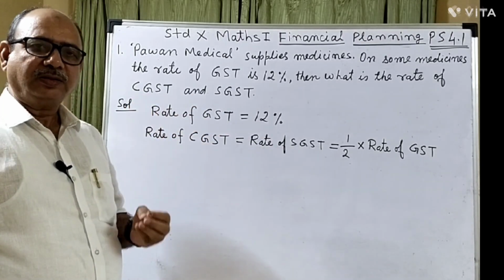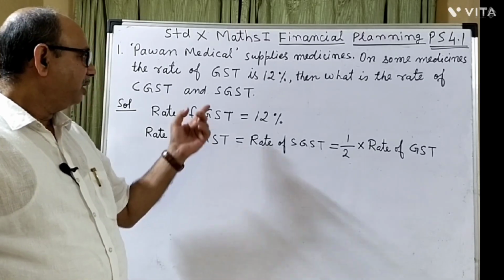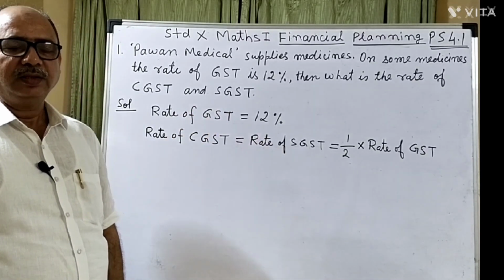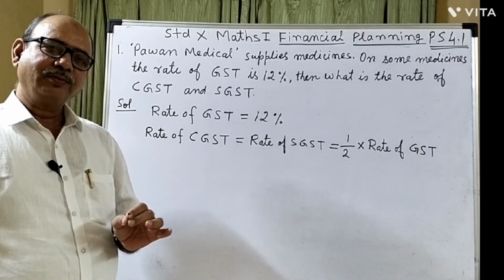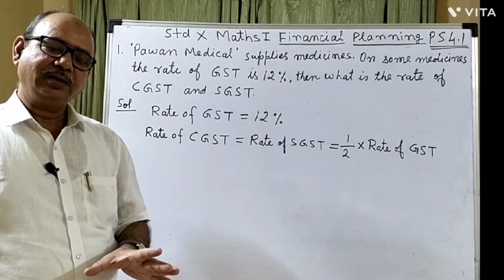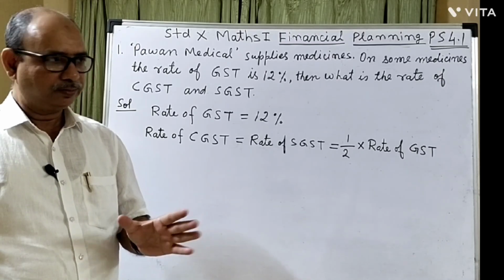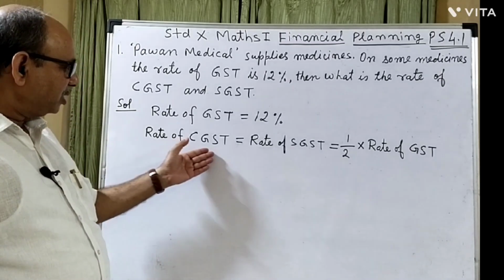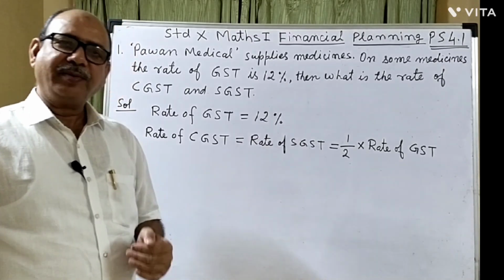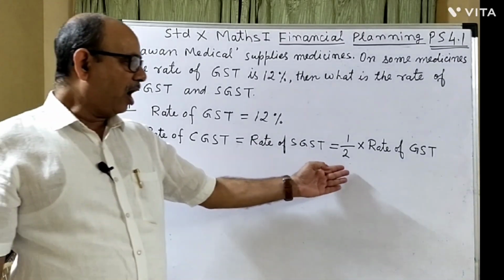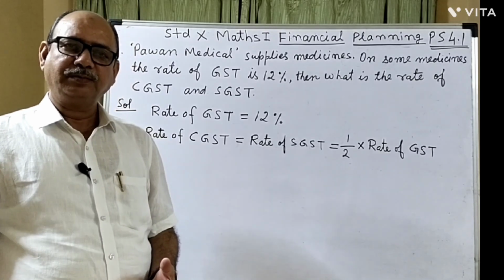CGST stands for Central Government Goods and Service Tax. SGST stands for State Government Goods and Service Tax. Always remember, whatever GST is collected, that will be shared equally between state and central government. That means rate of CGST is equal to rate of SGST, and when both are shared equally, it will be half of the rate of GST.